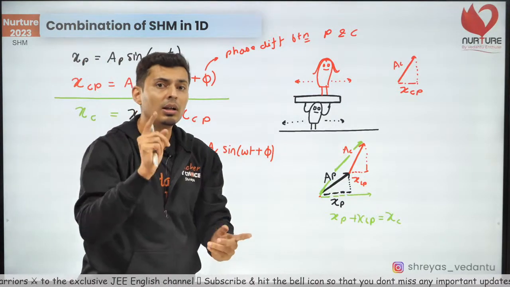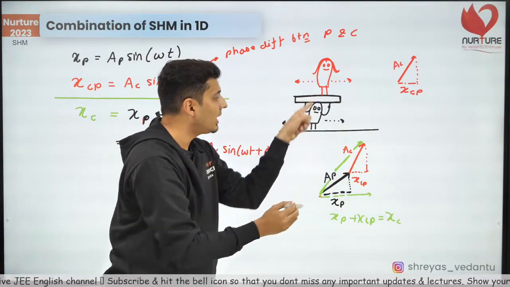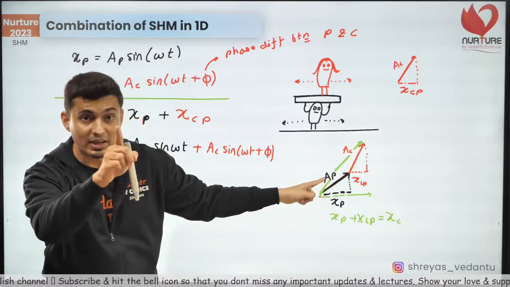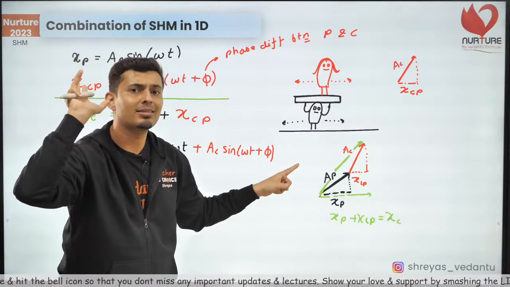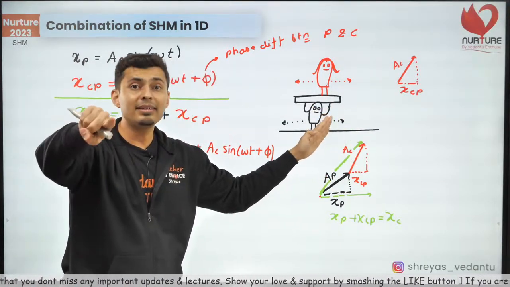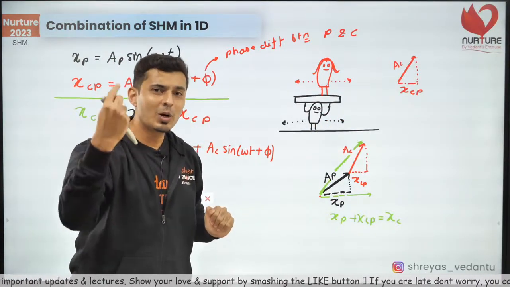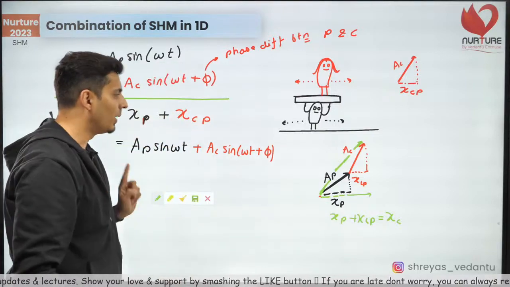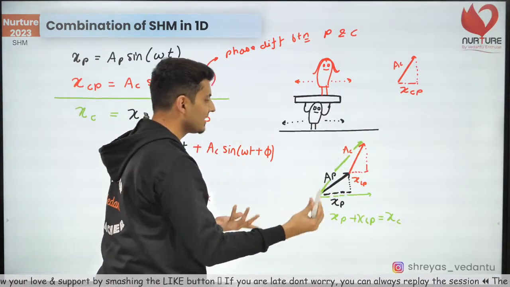I found that all you need to do is draw the phasors of both the SHMs and add them like vectors. The resultant vector that you get, the projection of it gives you exactly the motion that you want. You add AP bar plus AC bar, you get the resultant.